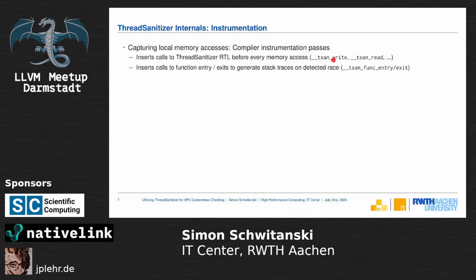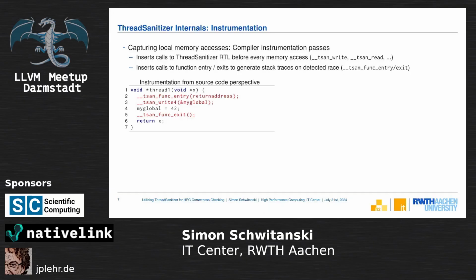So here we have tsan_write, tsan_read, and then you pass the memory location. It also inserts calls to function entry and exit to generate stack traces on detected races. That means, if you enter a function, then ThreadSanitizer has an internal stack tracing implementation that also takes that information.